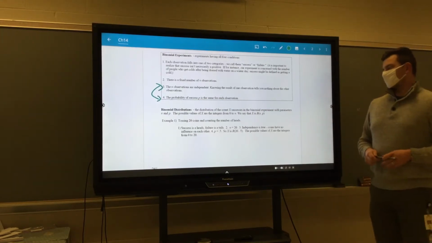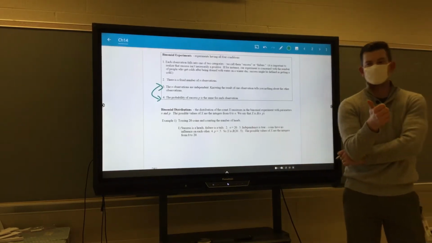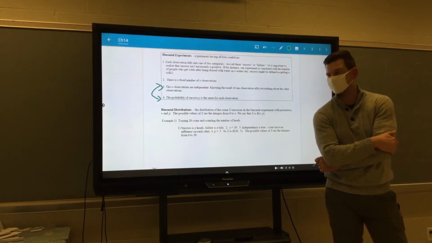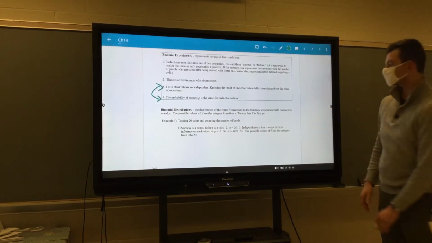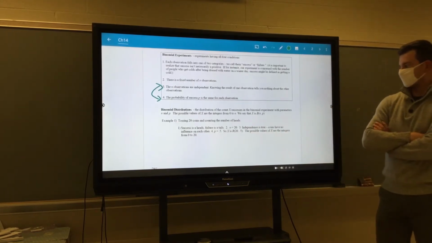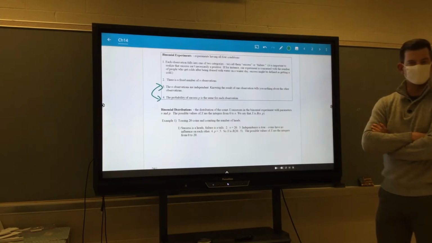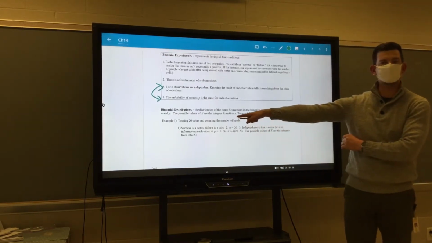All right, so we have 6 example problems where we just need to confirm, yes or no, does it meet this binomial model? So, our first one down at the bottom, we are flipping 20 coins and counting the number of heads. Well, success or failure, yes, we're told that a success is the number of heads.